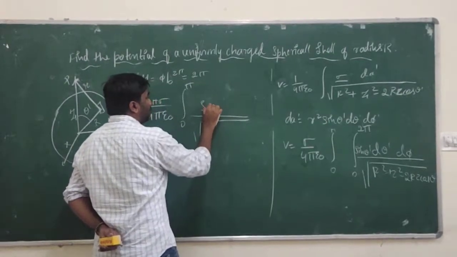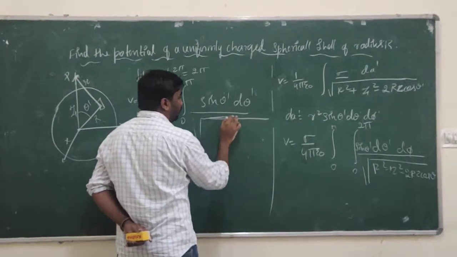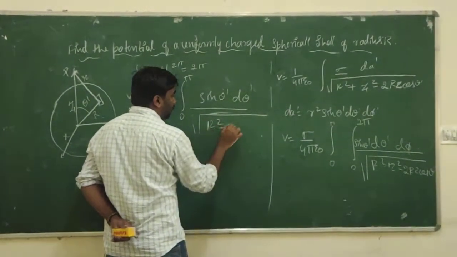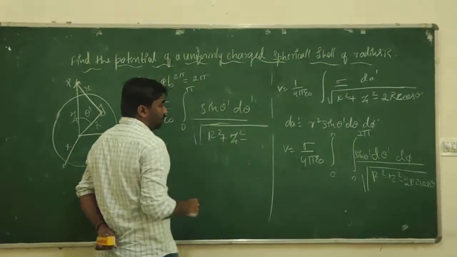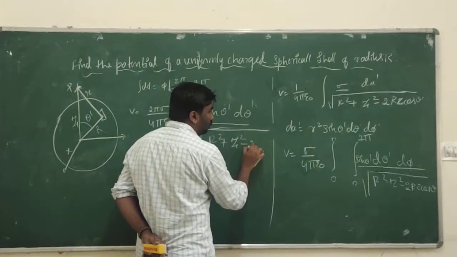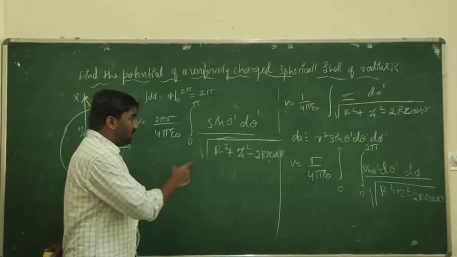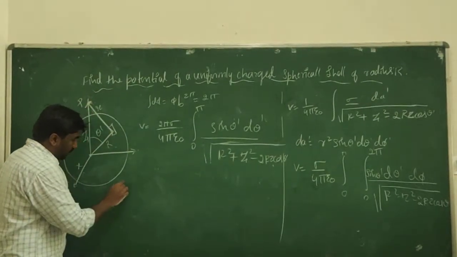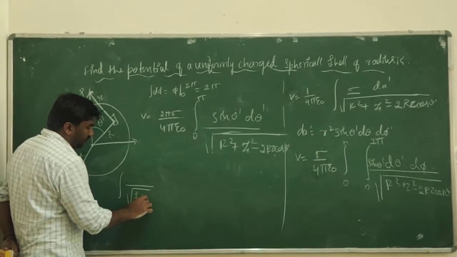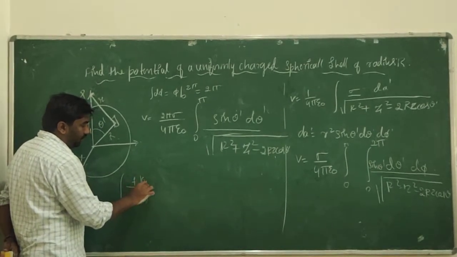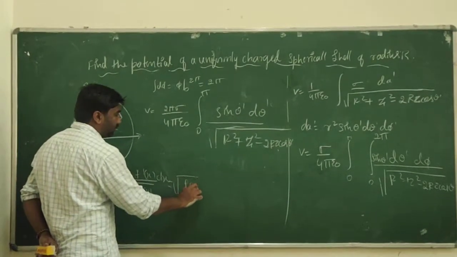So sin theta dash into d theta dash divided by the square root of r square plus z square minus 2rz cos theta dash. This is in the form of the integration of f dash of x divided by the square root of f of x, dx. For this we will get the square root of f of x.